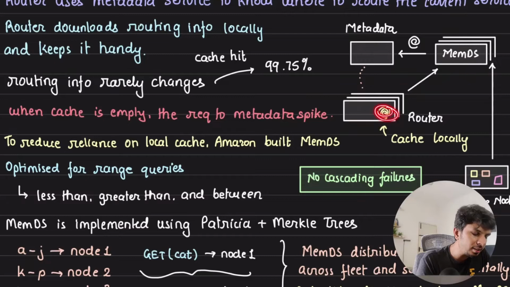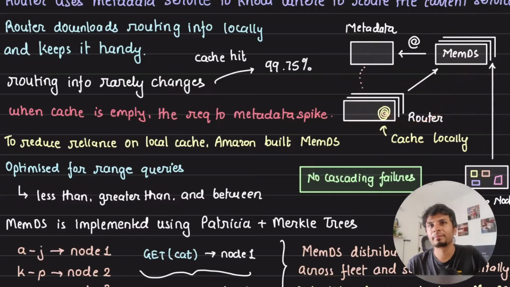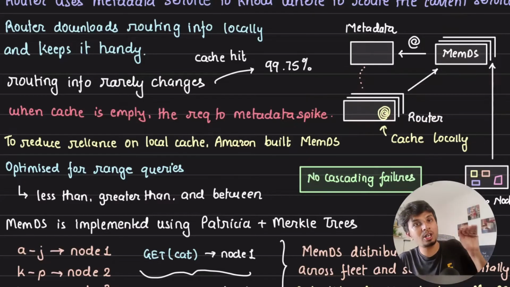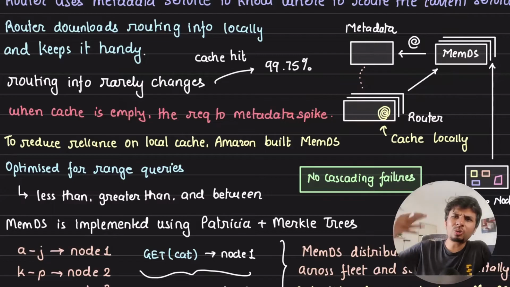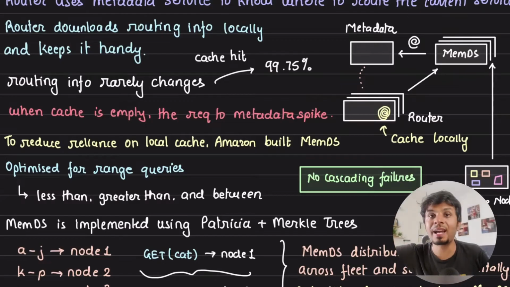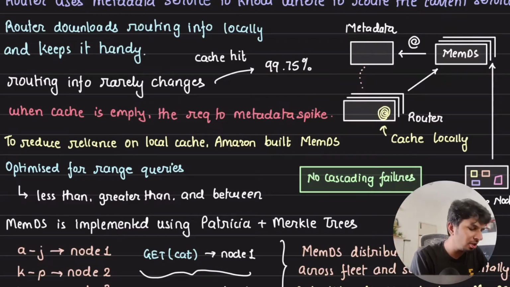But while it is doing that, it also makes an asynchronous call to MEMDS. This way, all your requests are still going to MEMDS, but not synchronously, asynchronously. You don't do anything with that; it's about keeping MEMDS prepared for the high load that would come in case your cache goes down.